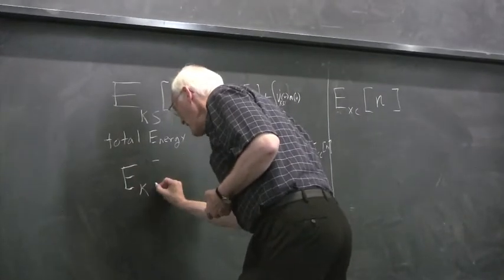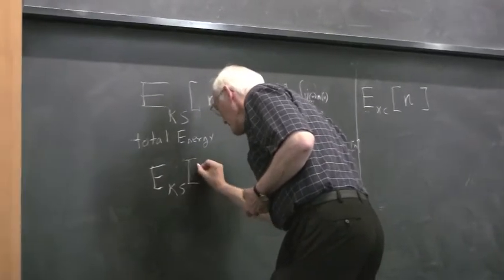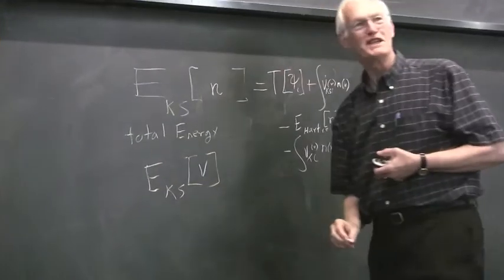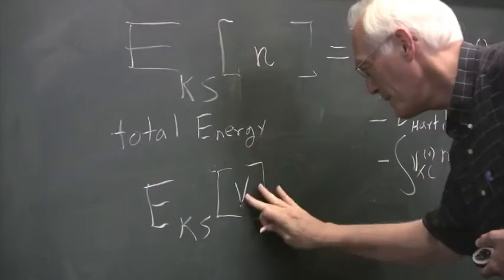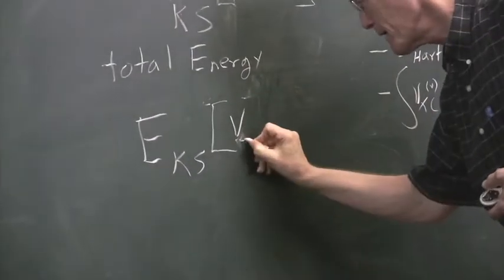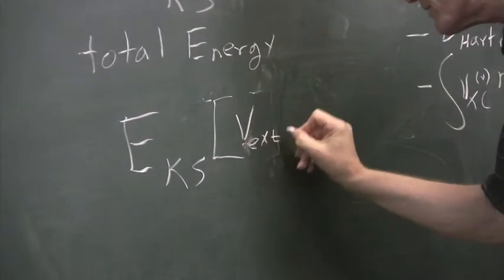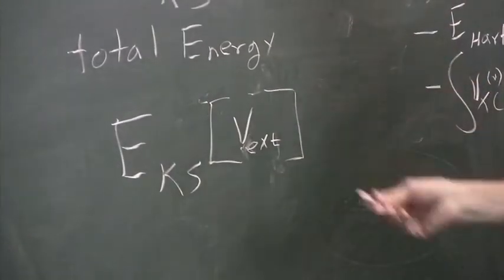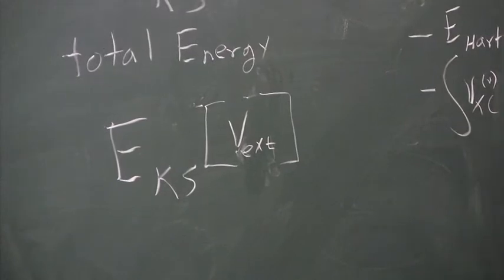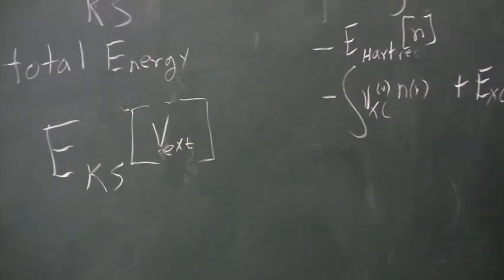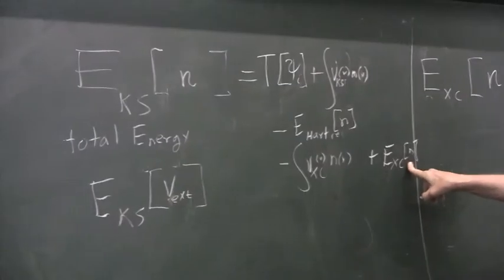In practice, what we have is a function of the potential and the external potential, because the external potential determines the density finally, and the density is buried in the exchange correlation function.